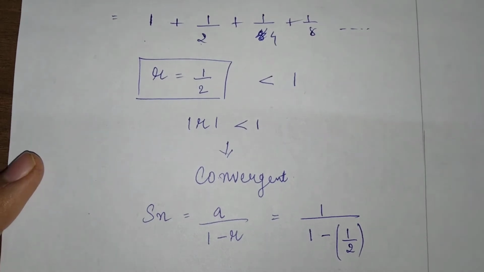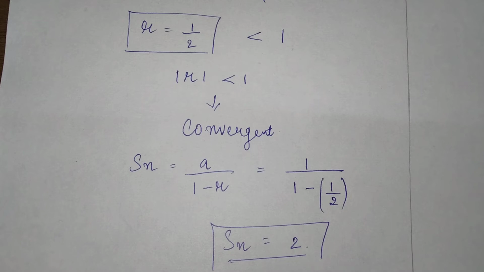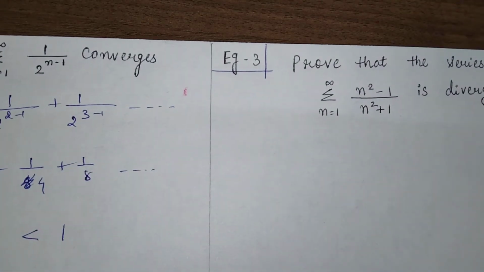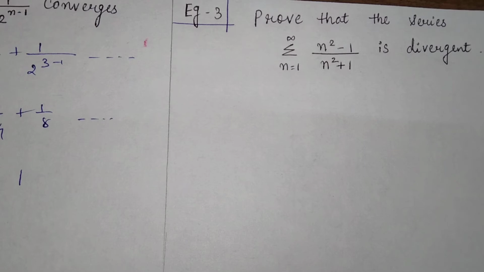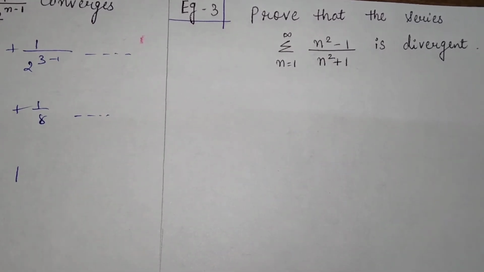Okay, so here the sum of the series will be 2 and it will be convergent. Okay, so example 3. Prove that the series summation n equal to 1 to infinity n square minus 1 upon n square plus 1 is divergent.